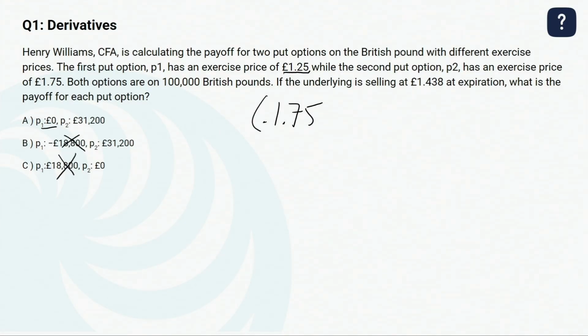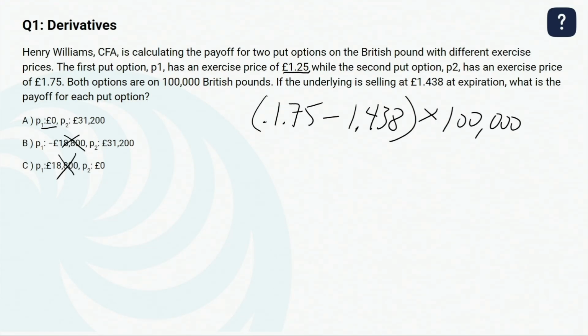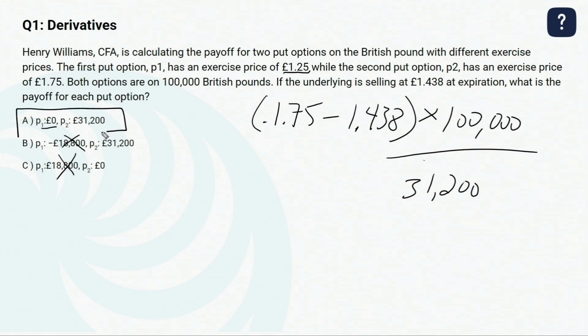The put option for $1.75 is going to be simply the difference between the strike minus the price times 100,000 pounds, which is going to equal 31,200 British pounds.